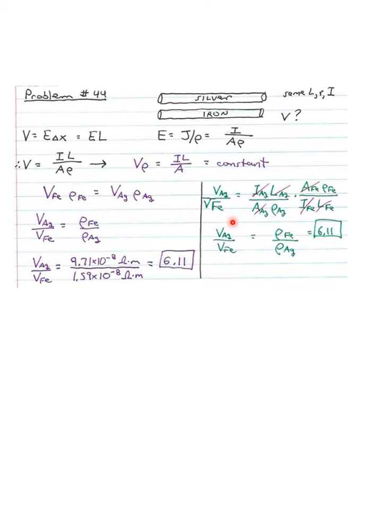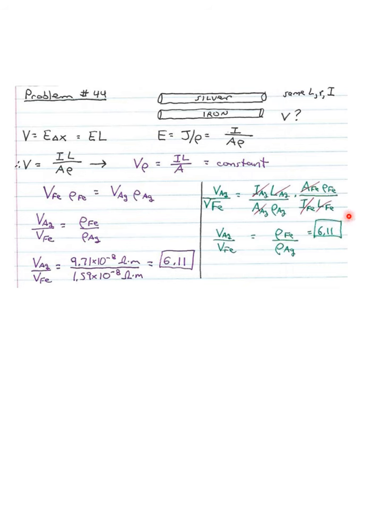Another way you could solve this problem, what I've done here in the green, is just to take the equation in black and just set up a ratio of voltage through the silver over voltage through the iron. And then it becomes the IL over A rho of silver divided by the IL over A rho of the iron.